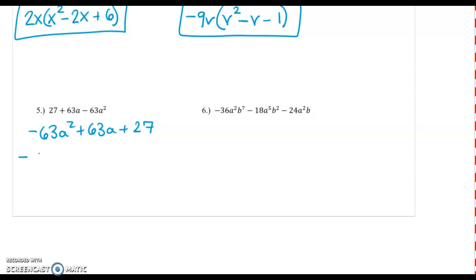So I'm going to take out a negative 9, and then I would get 7 a to the second. And then this would become a minus 7a minus 3. So that when I check this, it's negative 63a to the second plus 63a plus 27.